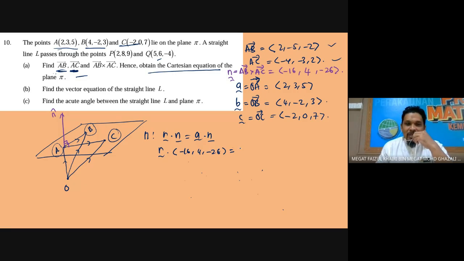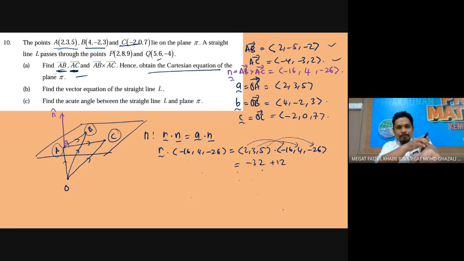Okay, let's try. If I choose A, where A is 2, 3, 5, dot with -16, 4, -26. 2 times negative 16, negative 32. 3 times 4 equal to 12. And 5 times negative 26 equal to negative 130.